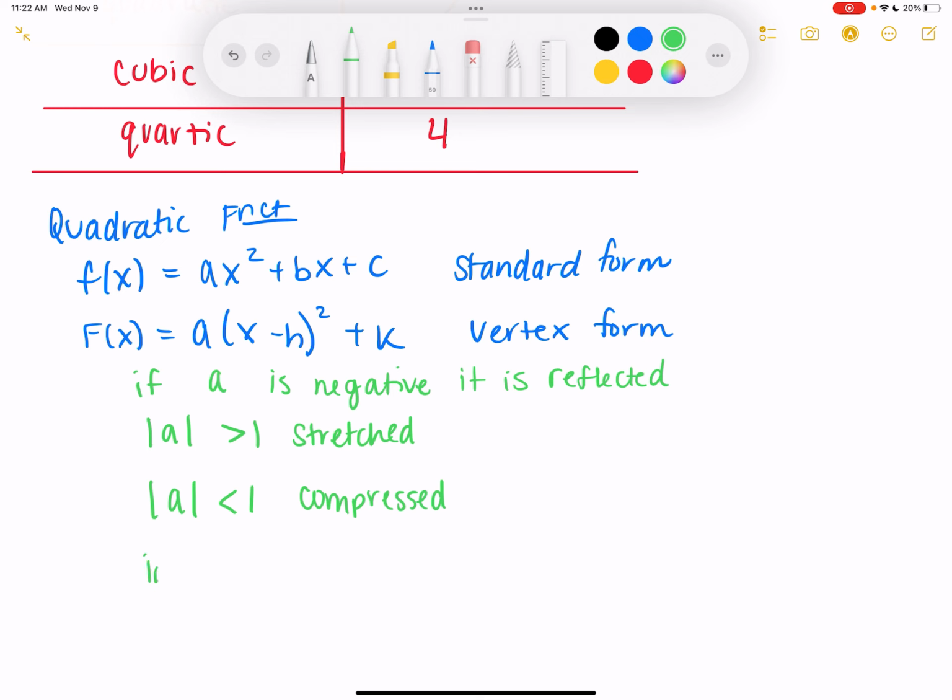Inside the parentheses, the h value moves opposite the direction of its sign.